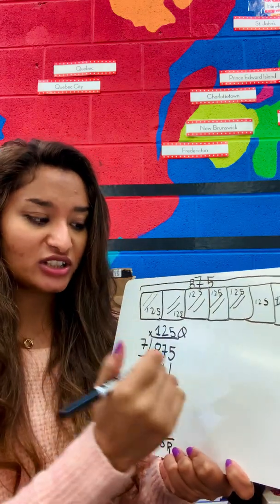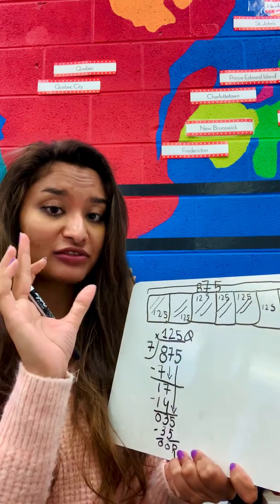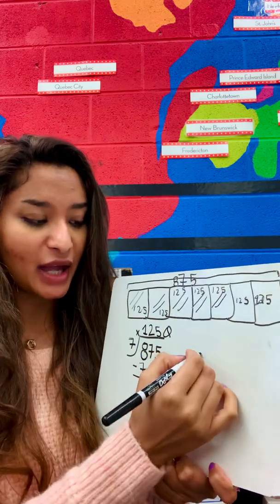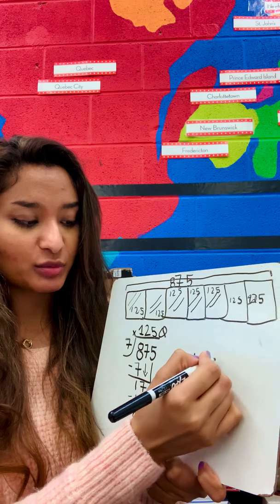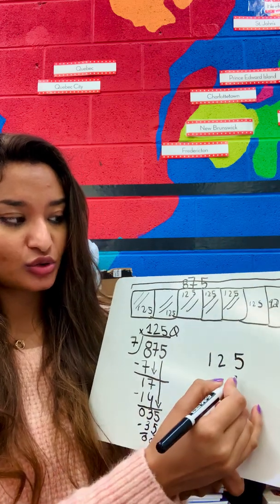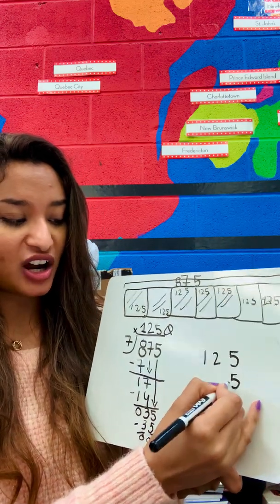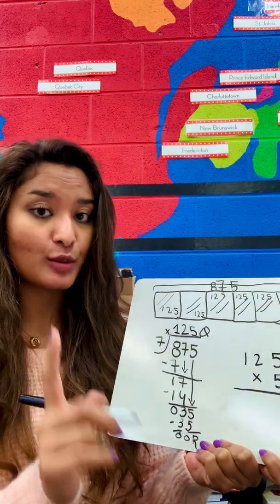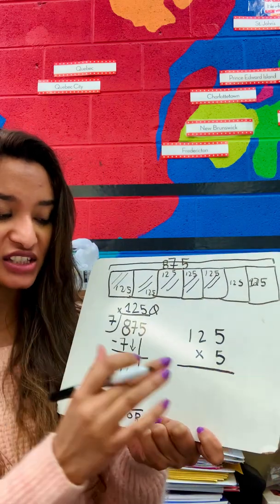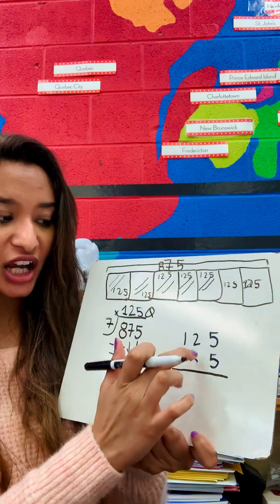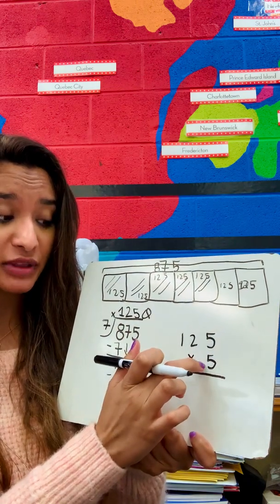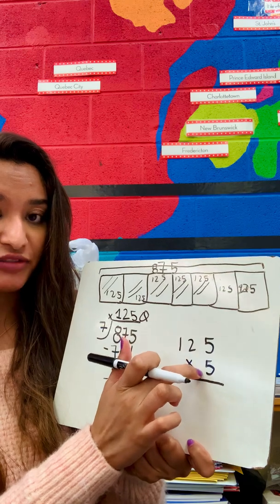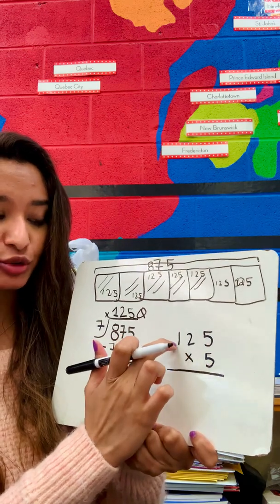So I'm going to multiply my 125 by my 5 to find out how much sugar we have in all of these boxes. Remember, I'm going to multiply my 5 by my 1s, then 5 by my 10s, then 5 by my 100s.